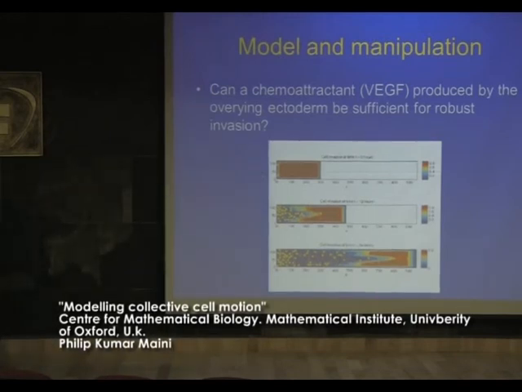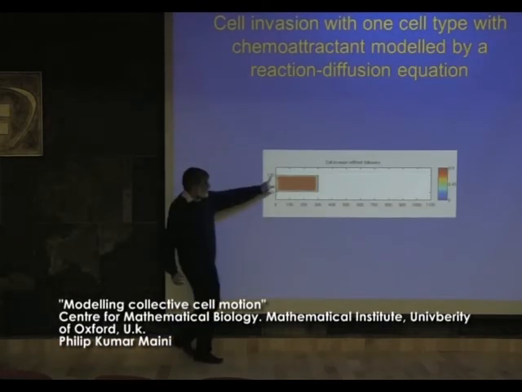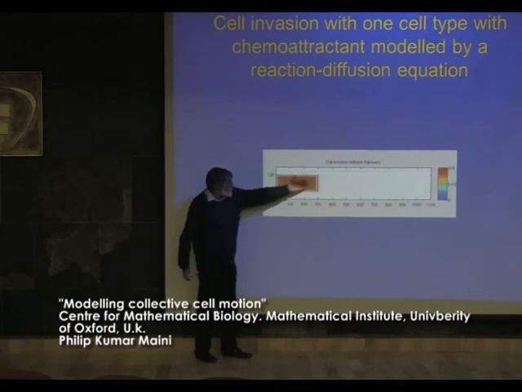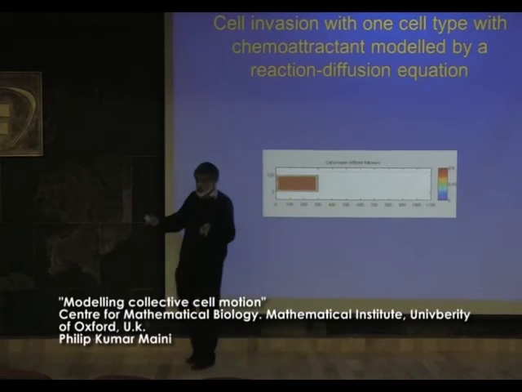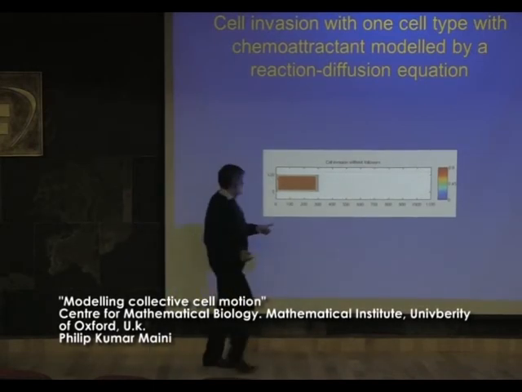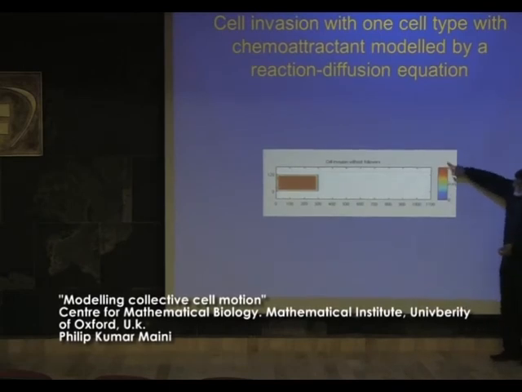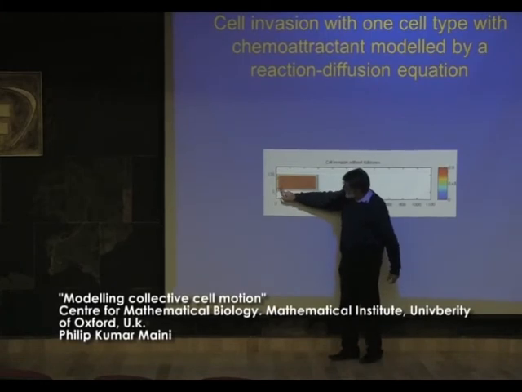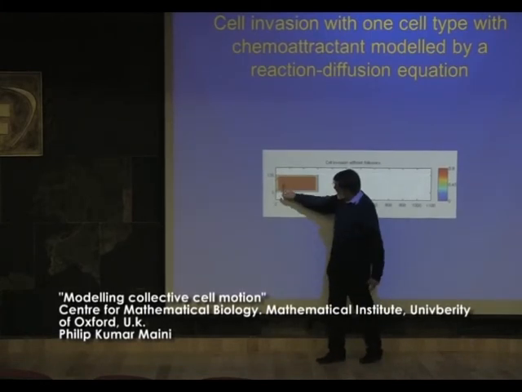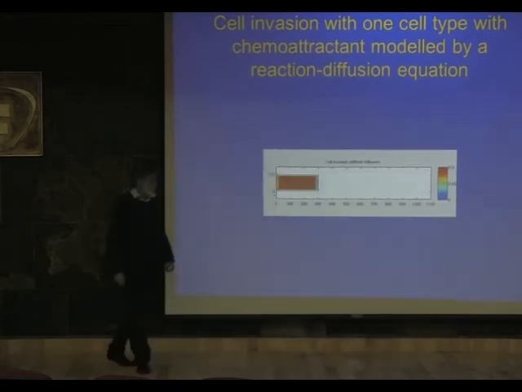So we thought, well, okay, let's see if that works. What you're going to see here is the domain, and the domain is going to grow based on the details we know from the biology. This is going to be the concentration of the VEGF, and cells are going to come out of here, and they have these swords in front of them, which represent filopodia.